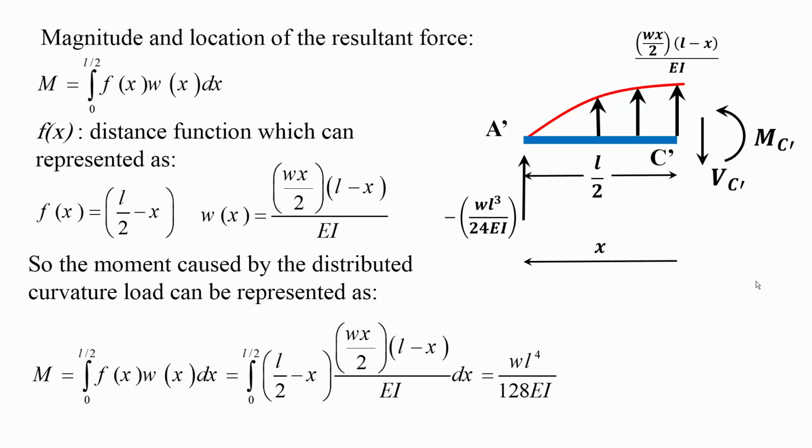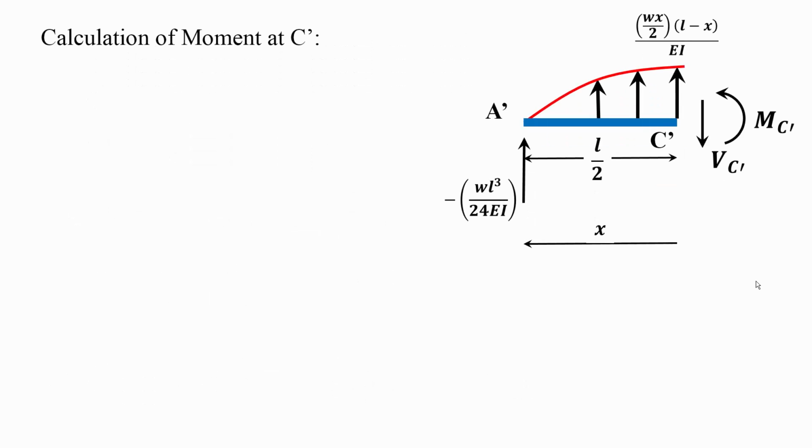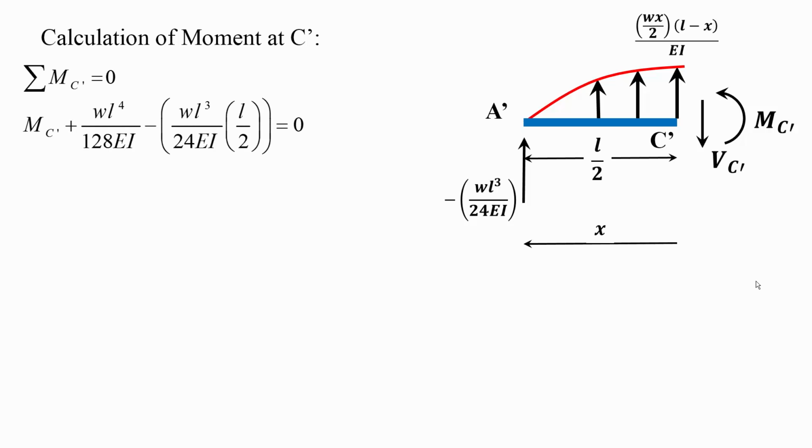Let's do the actual calculation of the moment. So the moment at C, I do the summation of the moments about C prime. This is the summation: MC prime plus WL to the 4th over 128 EI, which is what we got from the previous slide, minus WL cubed over 24 EI, that's the reaction, multiplied by L over 2.